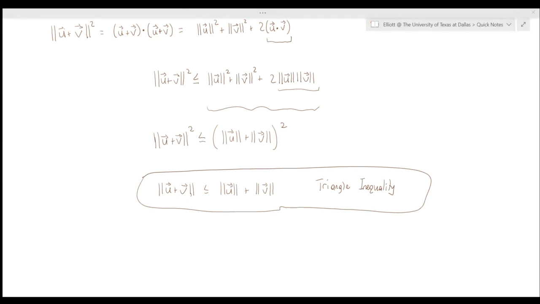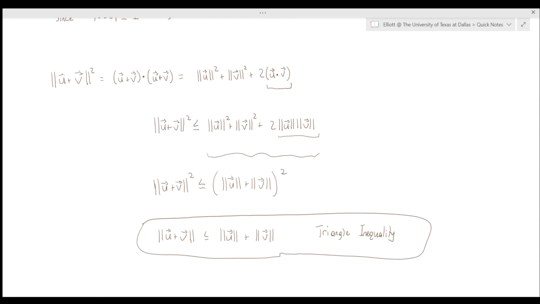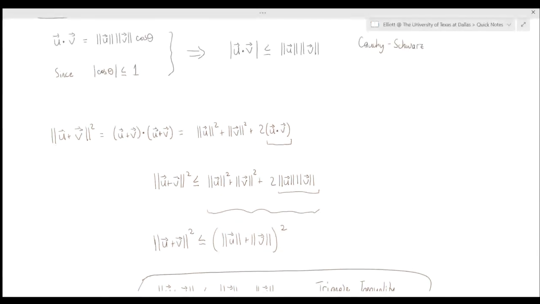How did I get less than or equal to? What I did is I replaced the dot product of u and v with the product of their norms. Cauchy-Schwarz tells me that the product of the norms is larger than the dot product.